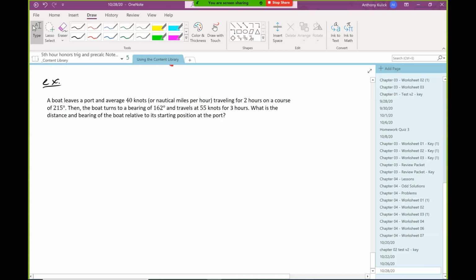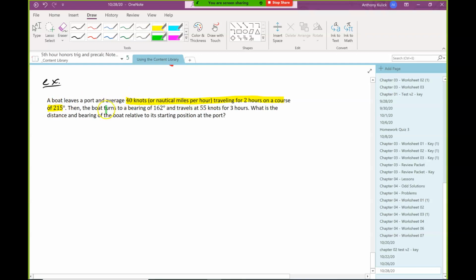So what I'm going to do is, when I read this problem, I read two vectors. There's the first vector, which is the first leg of our journey, and then I have a second vector that's the second leg of our journey. Everybody okay with that plan?